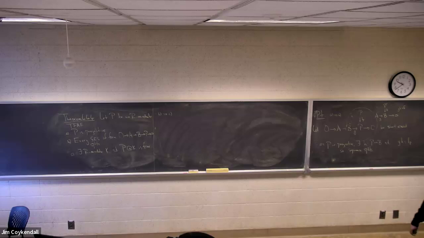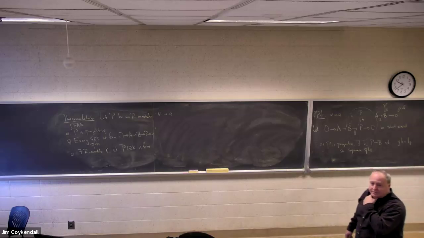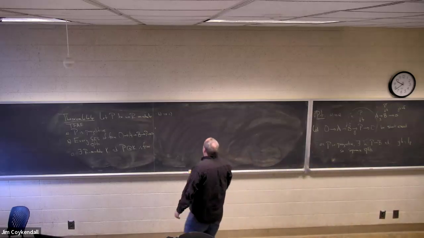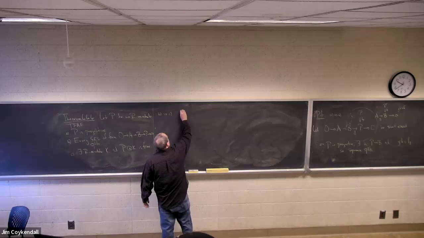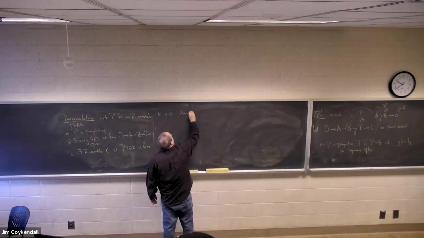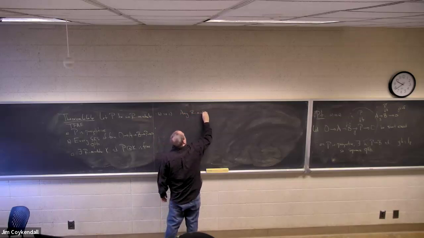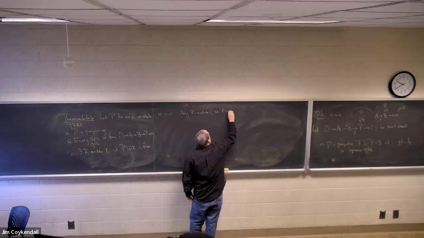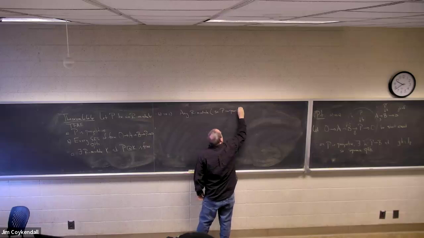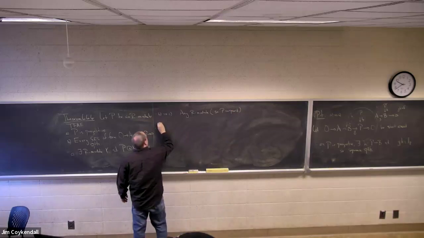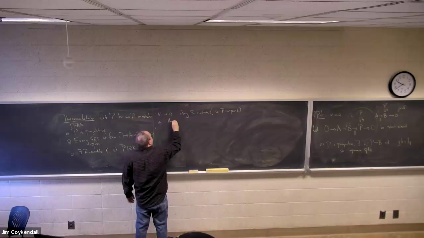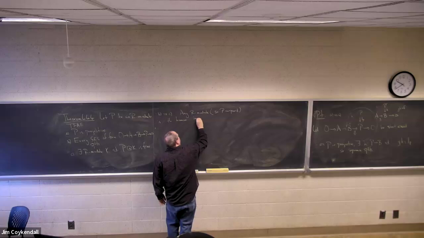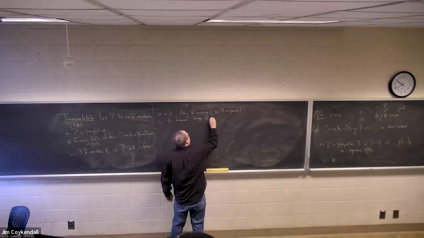Any ideas? Could we make B a free module? There you go, right. So any R-module, so P in particular, is a homomorphic image of a free module.